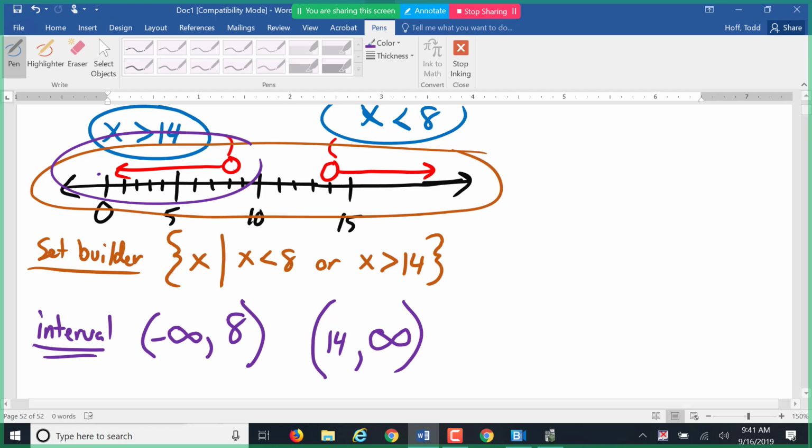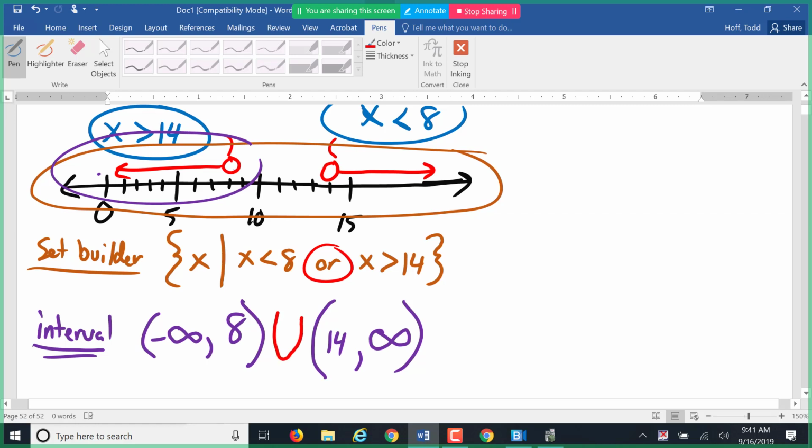Now, the one thing we did not necessarily mention on Wednesday is how do we hook these together? In set builder notation, we just use the word or. We could use the word or here, that would be fine. There's a mathematical symbol that indicates or.